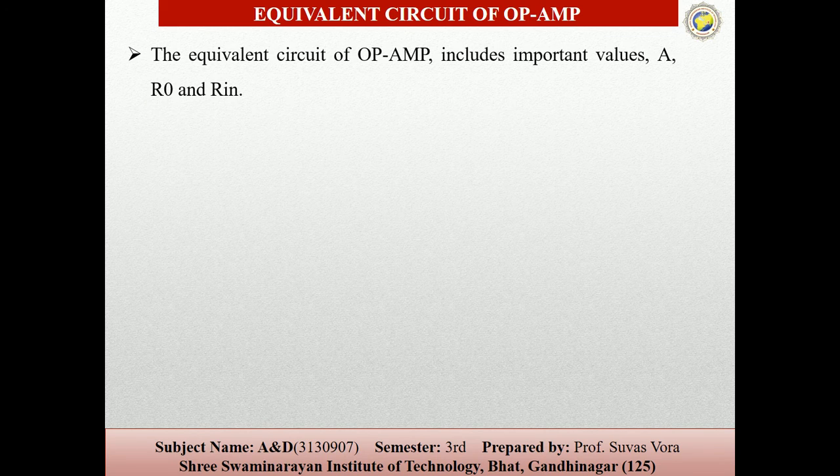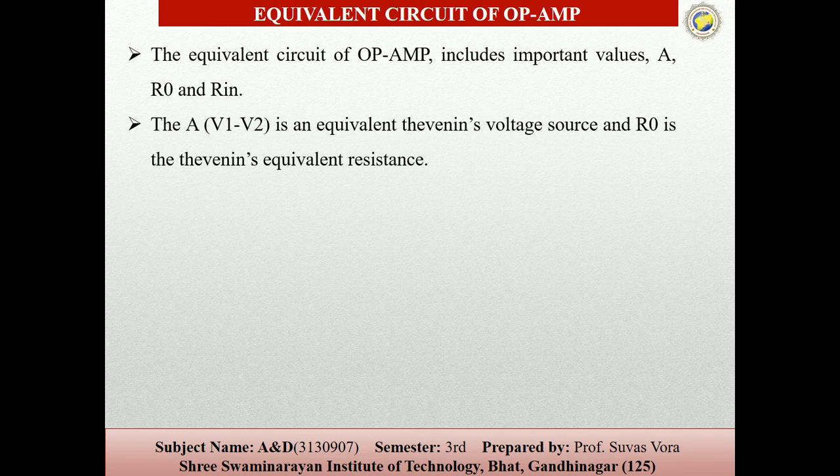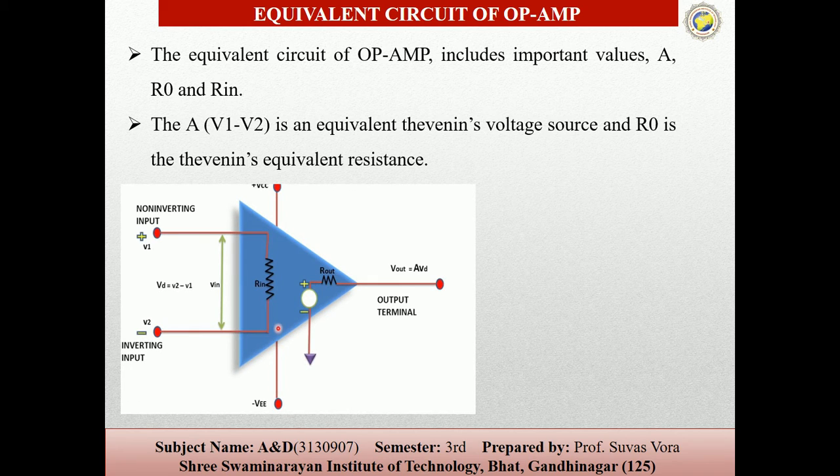So, the equivalent circuit of the op-amp. The op-amp includes the impedance values and A, which means the gain, and R0 and RA. You can see here A is the gain, and the values here depend on V1 minus V2, the equivalent Thevenin's voltage source, and R0 means the output resistance in the Thevenin equivalent circuit.